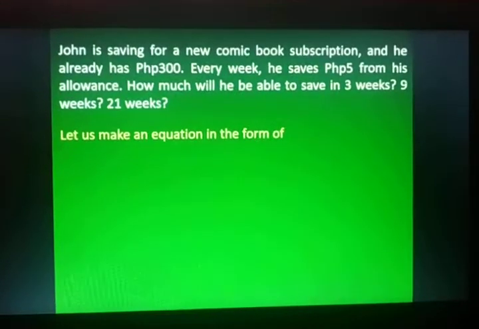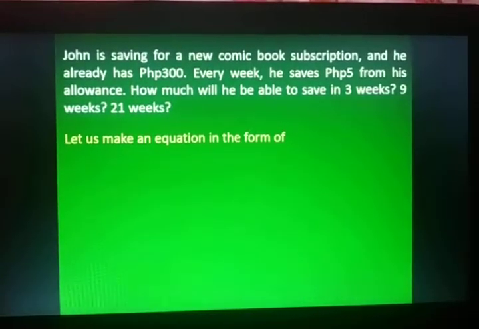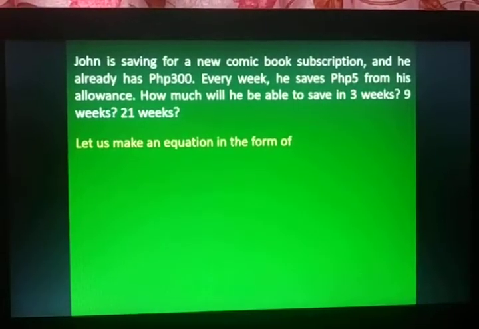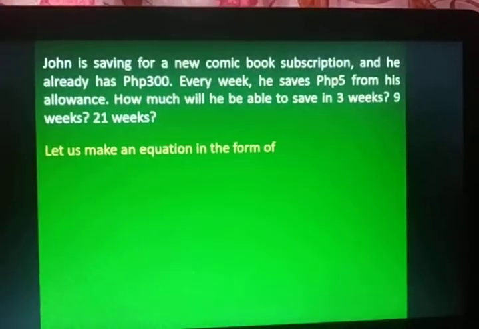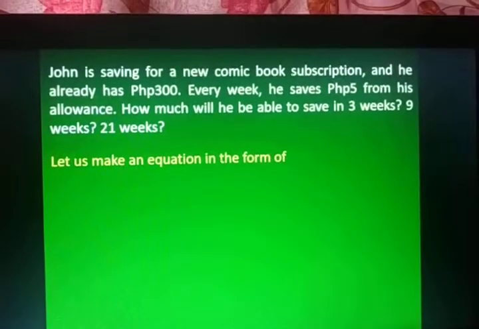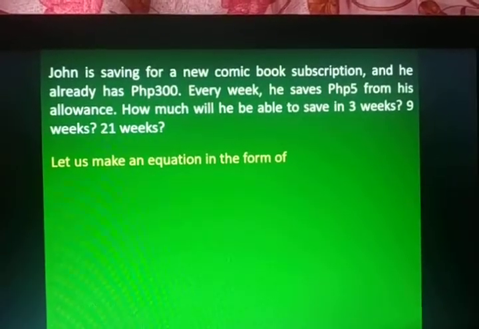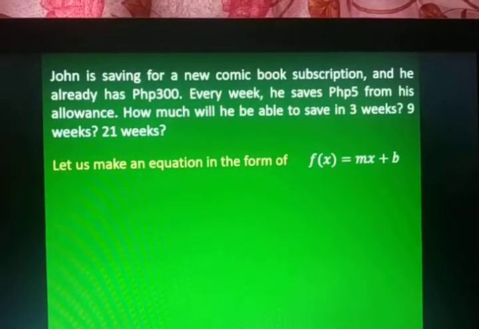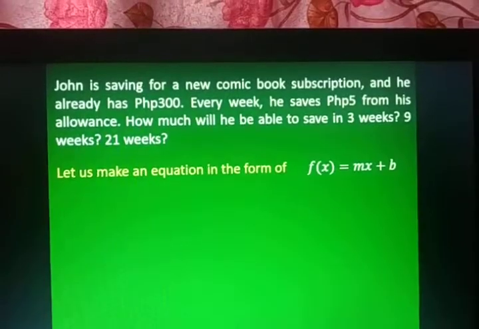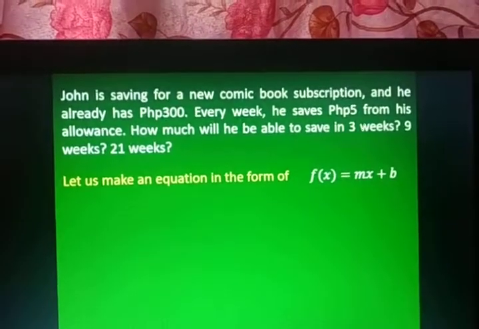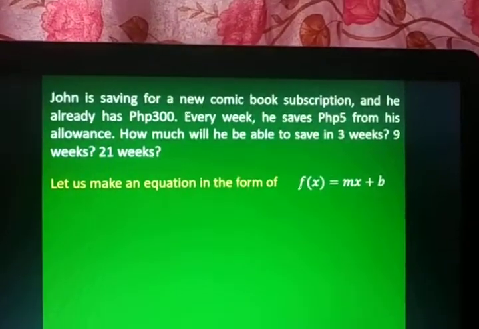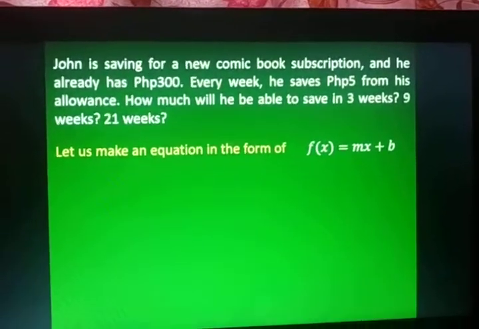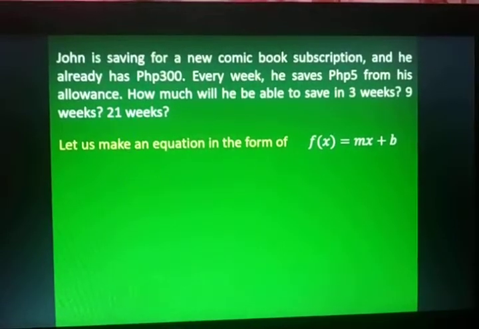Okay, the plan is: there is 300 pesos, and so we solve for 3 weeks, 9 weeks, and 21 weeks. Let's make out that plan by making our equation in the form of f of x equals mx plus b. f of x or y is the total savings of John in 3 weeks, 9 weeks, and 21 weeks, and then our x will be the number of weeks.